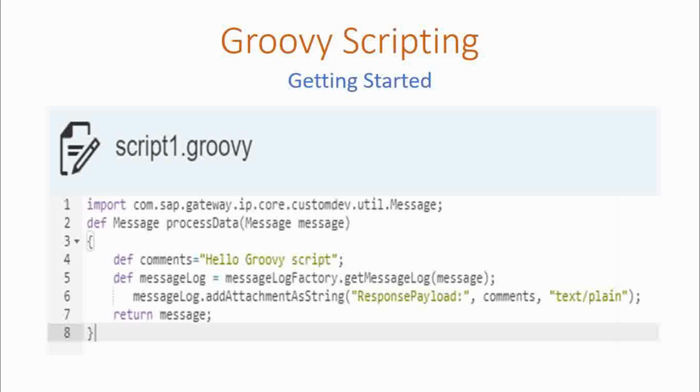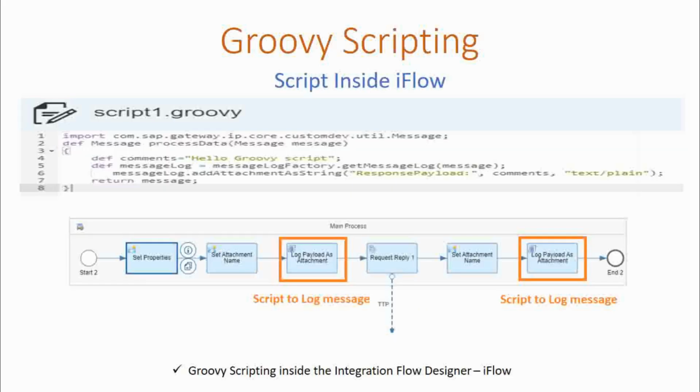Okay, as you know, this is the integration path with respect to the iFlow. In the integration path, the message transformation from the source to the target is very important, right? The message coming from the source may not be exactly suitable for the target system.